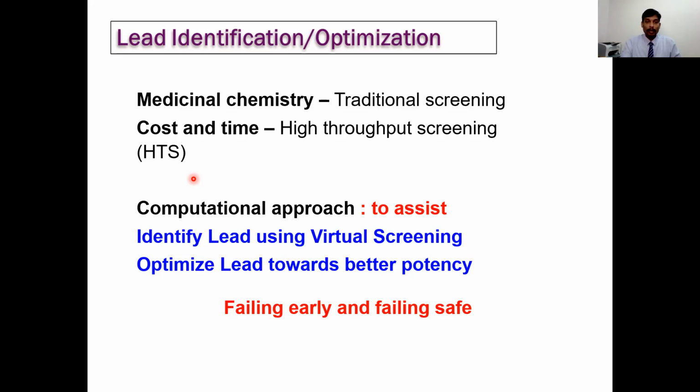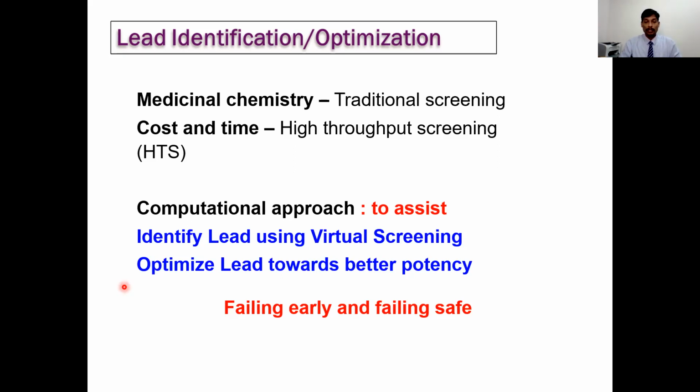And the computational approach can assist in identifying the lead using virtual screening and also optimizing the lead towards better potency. These two steps play a major role in drug identification.